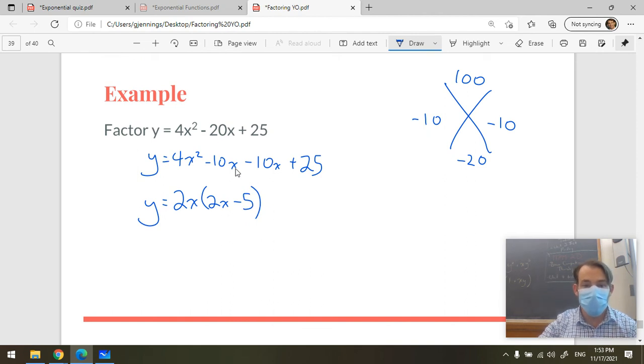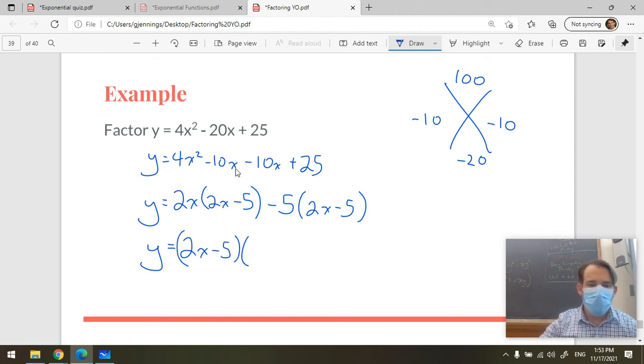Actually, a negative 5 can come out. Negative 5 multiplied by (2x minus 5) is this part. And now these can factor. Notice 2x minus 5 in the brackets and 2x minus 5 outside of the brackets. So that when I factor this again, (2x minus 5) multiplied by (2x minus 5).